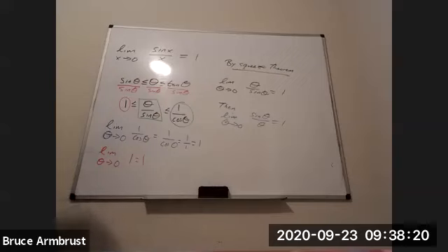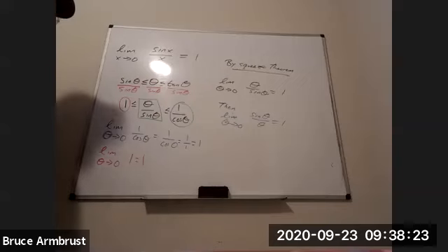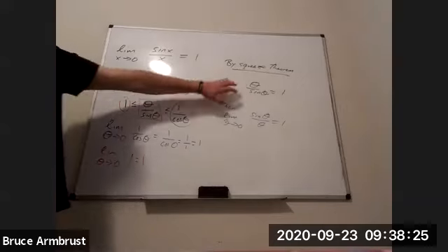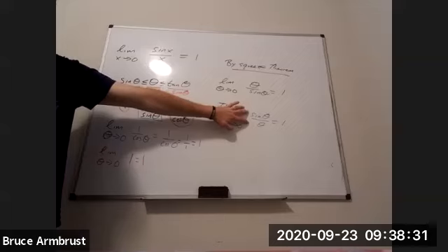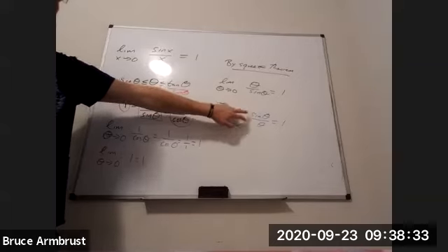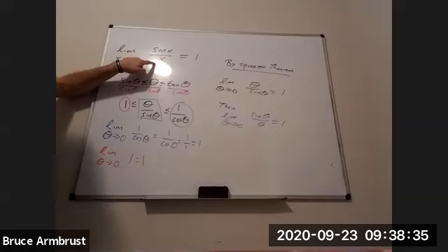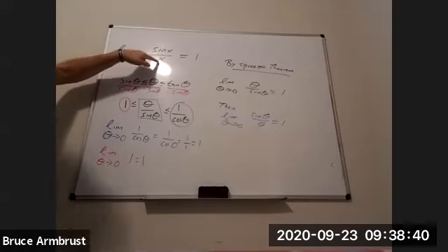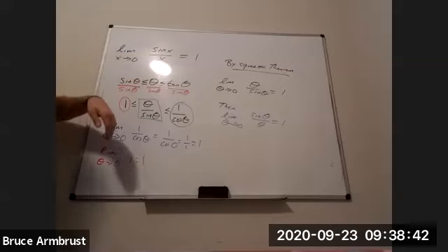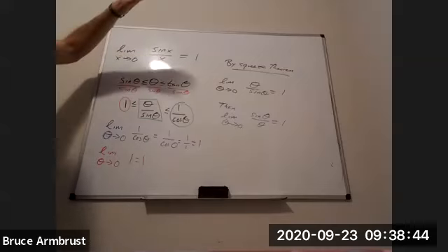Okay, so Aaliyah said, why did I just flip it at the end? You mean when I went from theta over sine theta to sine theta over theta? Yeah, okay. The reason I flipped that is because the limit I was looking for originally was sine of x over x. The light is giving us glare here, so it's kind of hard to see.